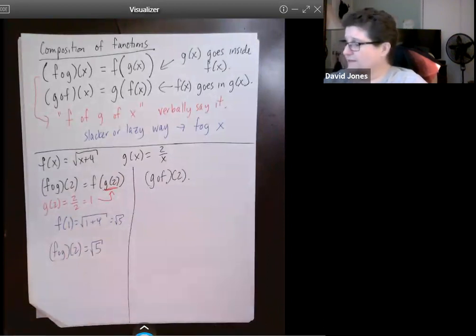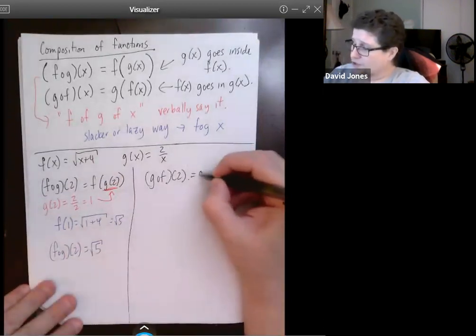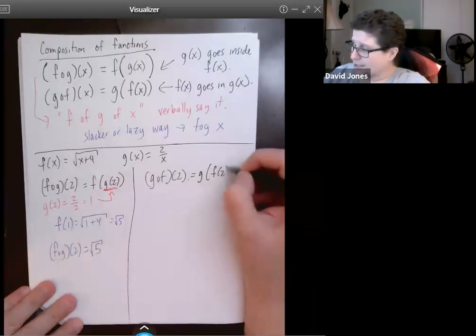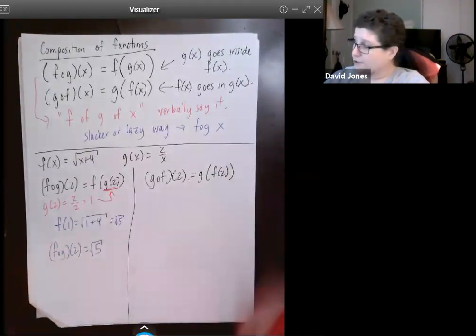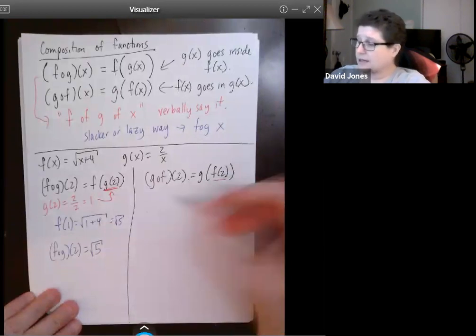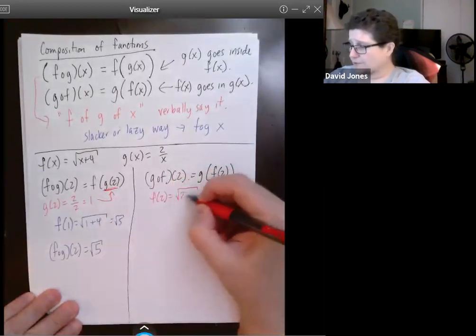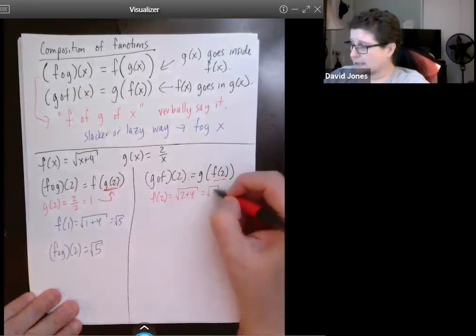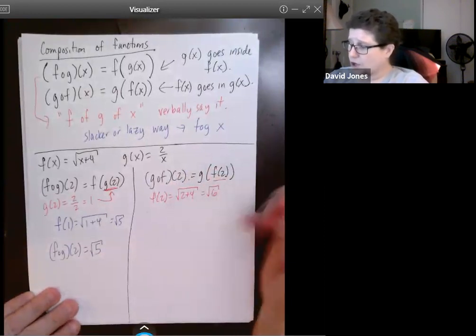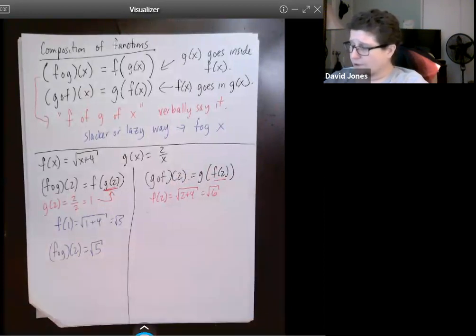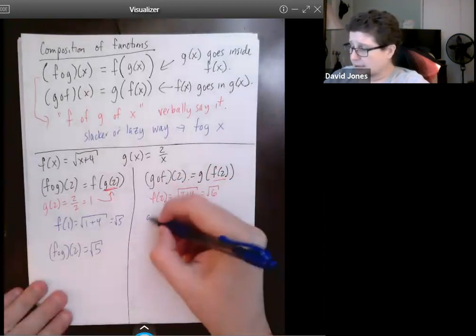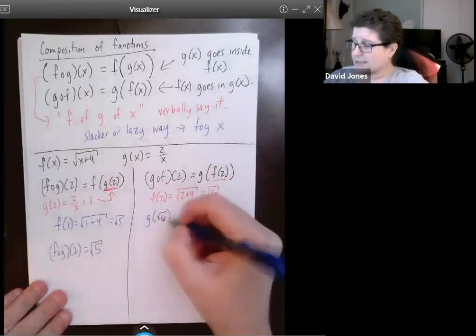Now, if you look at g of f of 2, this is g, and then f of 2 is inside. We'll do f of 2 first. F of 2 is the square root of 2 plus 4, which is the square root of 6. So now what that says is we're going to evaluate g at the square root of 6.